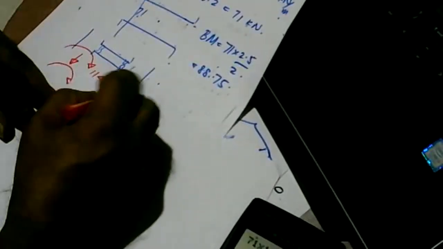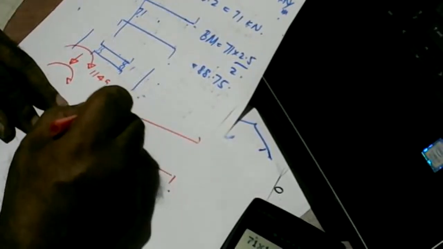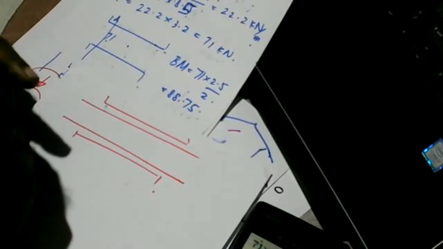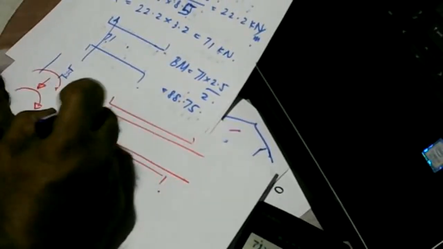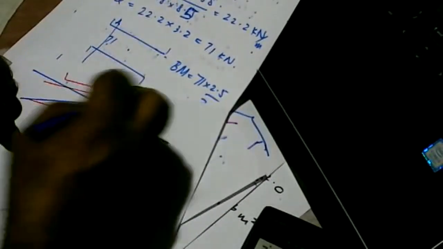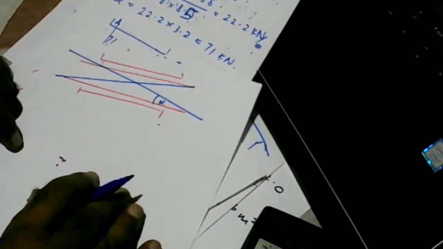So what we do is, in addition to providing the normal reinforcement, we provide some additional diagonal reinforcement as well, like that. And then you have to find the amount of diagonal reinforcement.